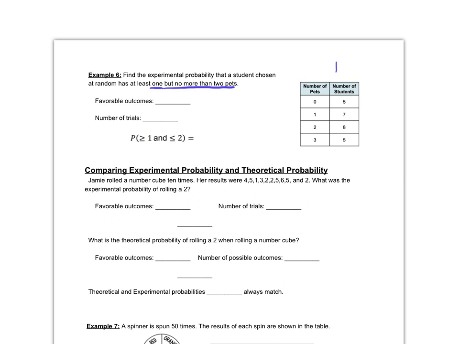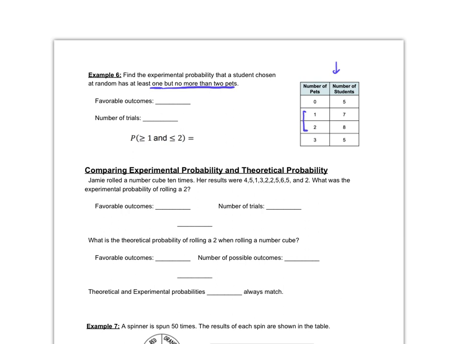So looking at our chart over here, we have the number of pets, 0, 1, 2, 3, 4, and then the number of students. Here we have 1, but no more than 2 pets.